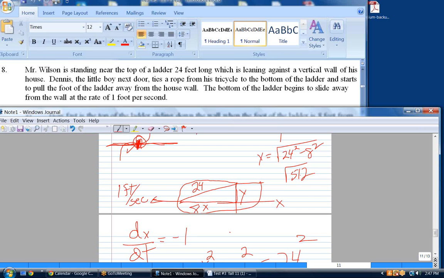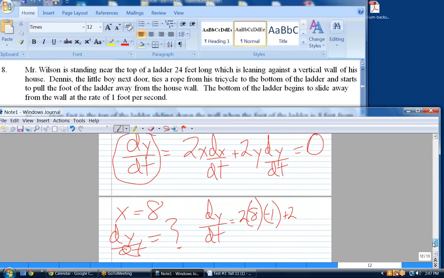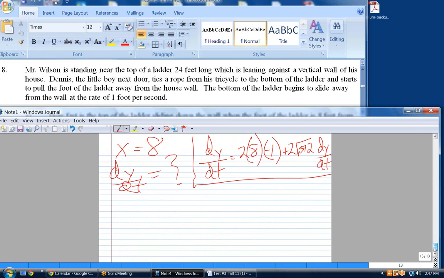I don't know what it is exactly, so we'll just leave it as the square root of 512, times dy/dt. Now I have one equation, one unknown. Something's not right, though. No, it's okay. We can solve it.